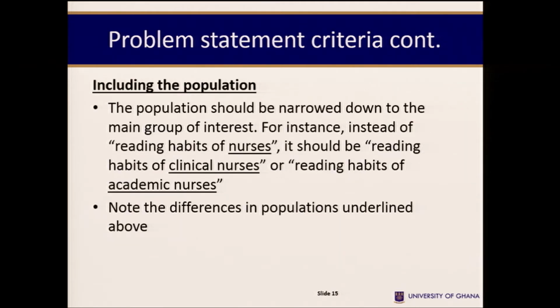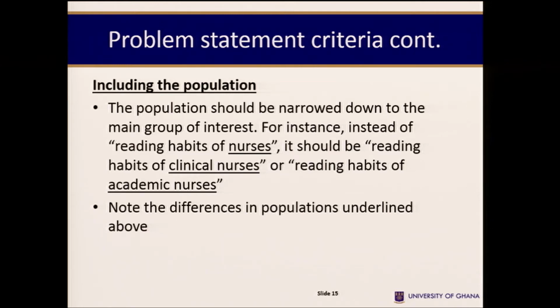Now, you need to also include the population in your problem statement. The population is the group of people that you want to study. The previous examples that I gave didn't include the target population. So let's look at this example. The population should be narrowed down to the main group of interest, that is the target population.